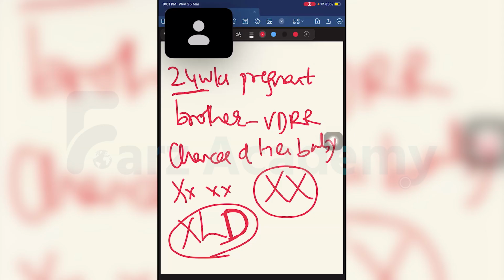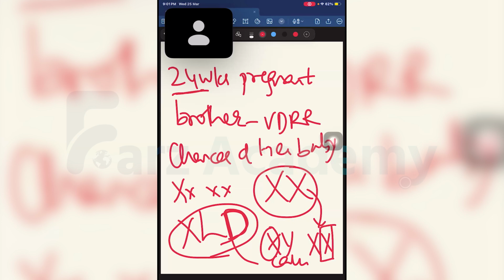Now, if the baby is male, this X will come from the mother. If female, both X will come, one from the mother and one from the father. Did I tell anything about the father being a carrier or having the disease in the question? No. Dominant is there, so even if the father is normal, it would be only one abnormal gene.